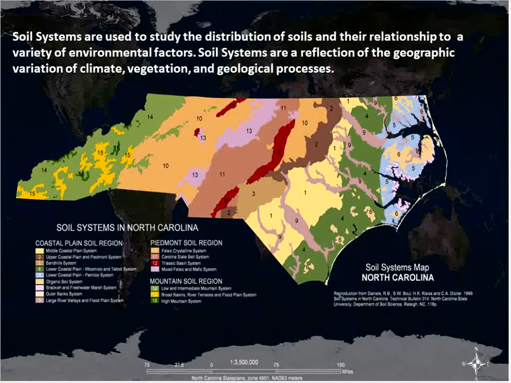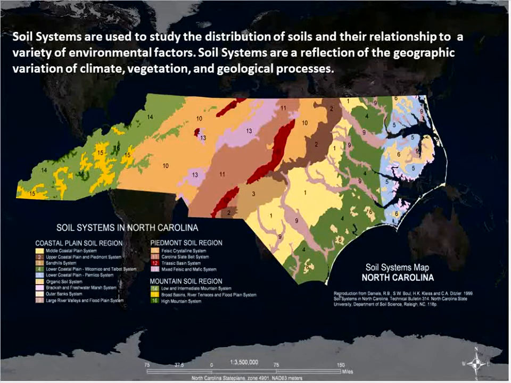So soil systems, as you can see from this map, are highly variable in North Carolina, and they reflect not only geographic variation of climate, vegetation, and geological processes, but also the different kinds of soil systems.